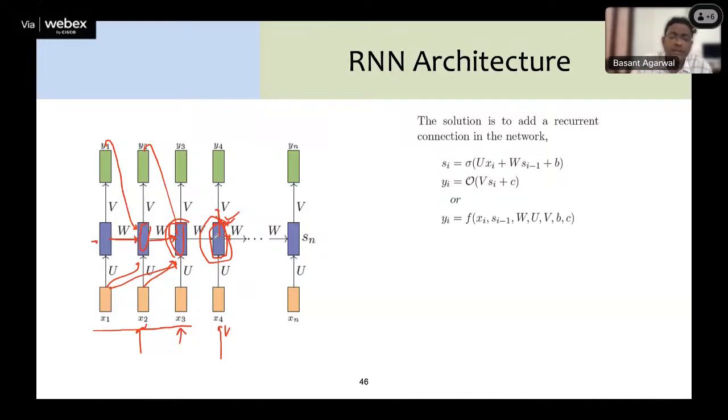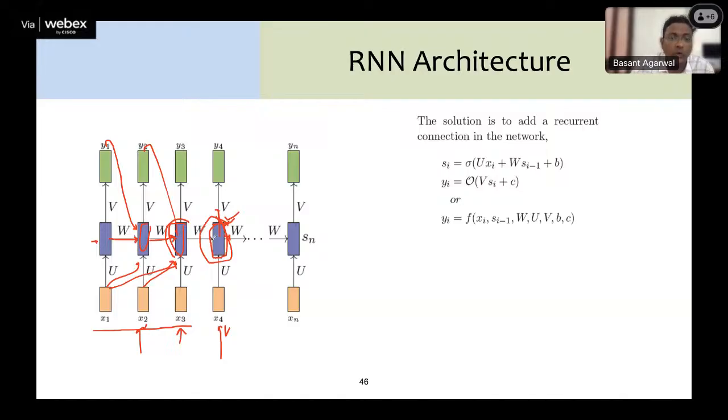Just because when we go back in the network, we have to compute the weights using the gradient of these weight matrices, and we'll see later in the lecture that as we go deeper in the network, the weights become smaller and the contribution becomes smaller. So that is a problem of RNN that we'll talk about later on.